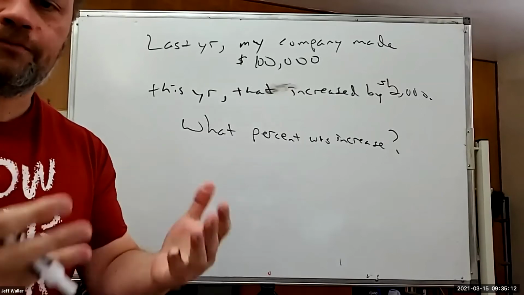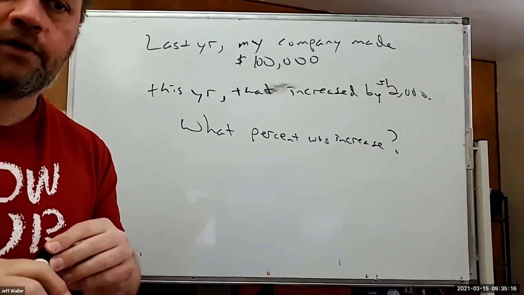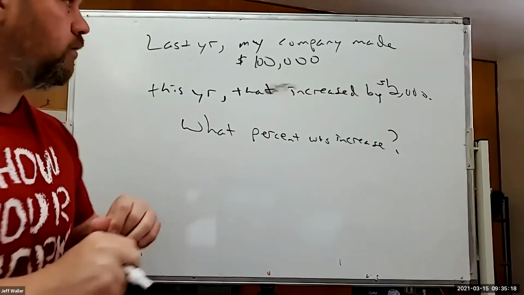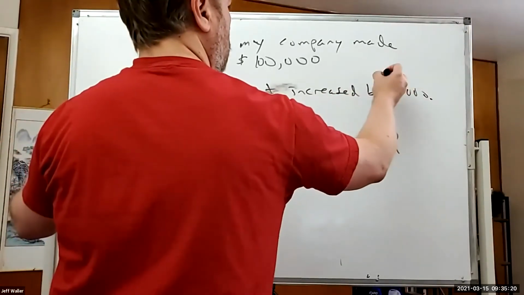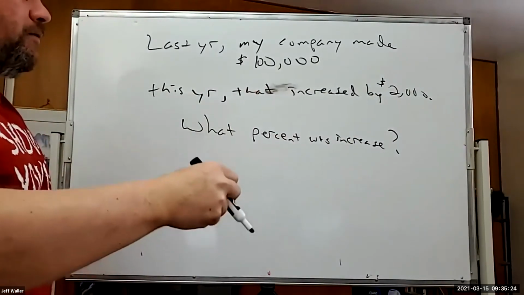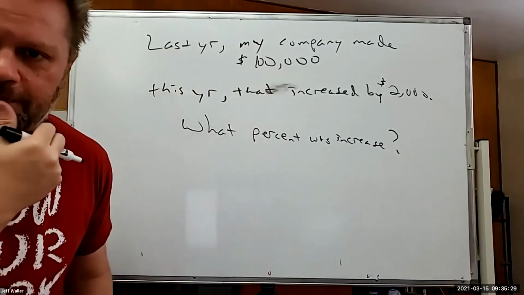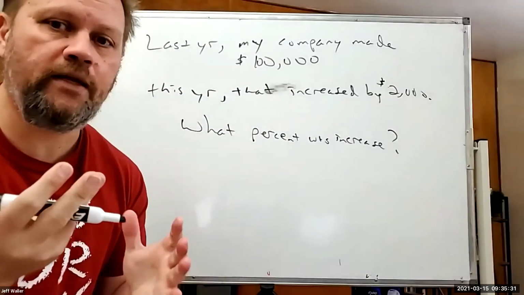What do you do? This is 2% of 100. Well, you're kind of guessing and checking. What do I do with the numbers I'm given to get to 2%? How do you figure out the percentage of anything?